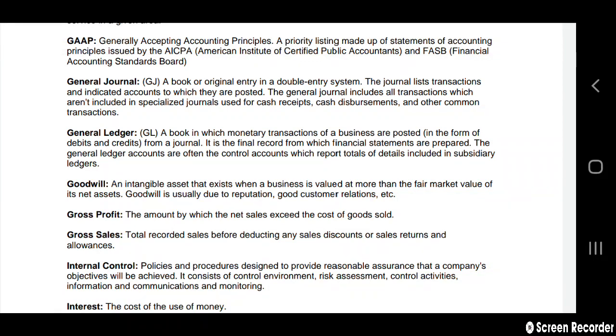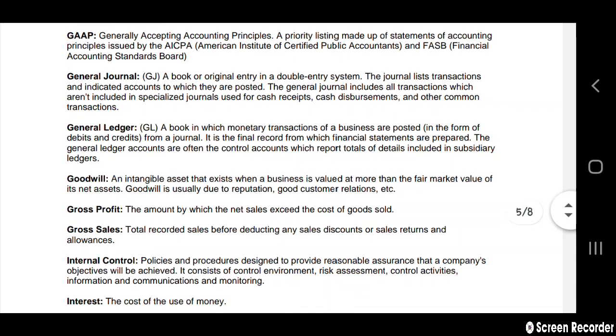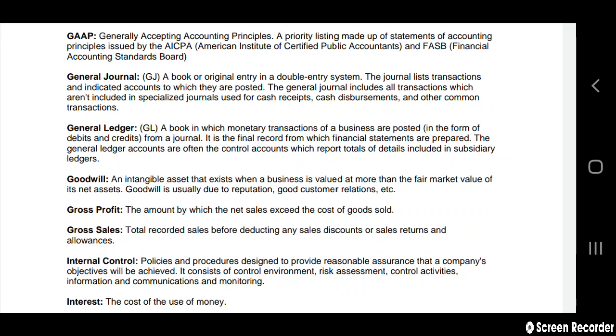Next is GAAP, Generally Accepted Accounting Principles, a priority listing made up of statements of accounting principles issued by AICPA, that is American Institute of Certified Public Accountants, and FASB, that is Financial Accounting Standards Board. Next is General Journal, GJ, a book of original entry in a double entry system.